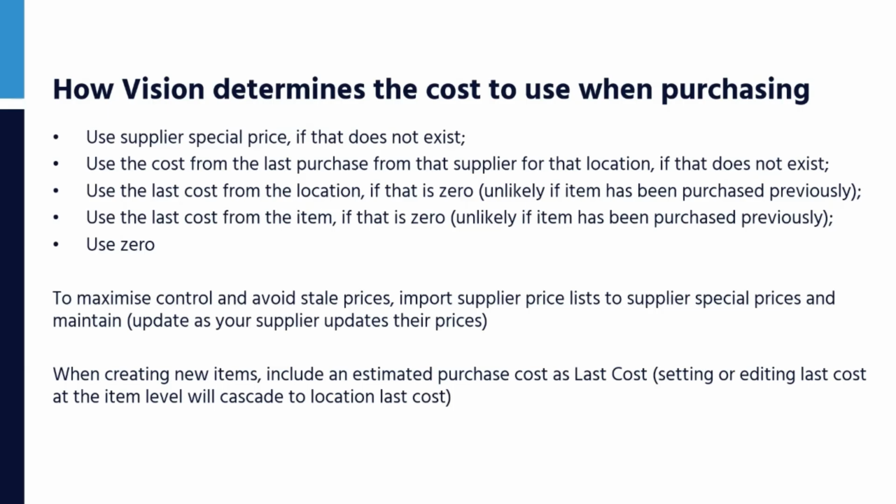If that combination doesn't exist, it'll use the last cost from that location. If that's 0, then it'll use the last cost from the item itself. But if that last cost is 0, then it will use 0 as the purchase cost. Of course, you've got the ability to overtype the cost with the actual cost.